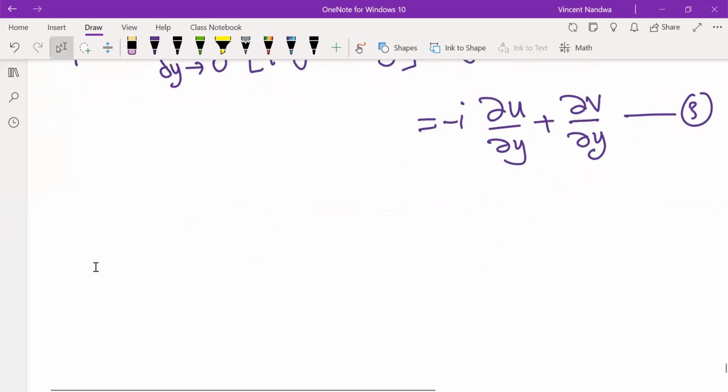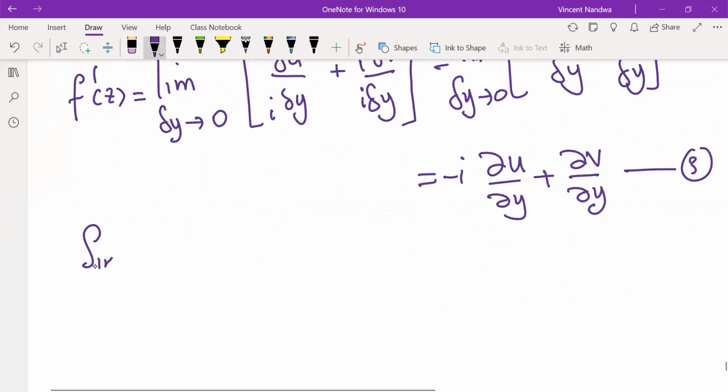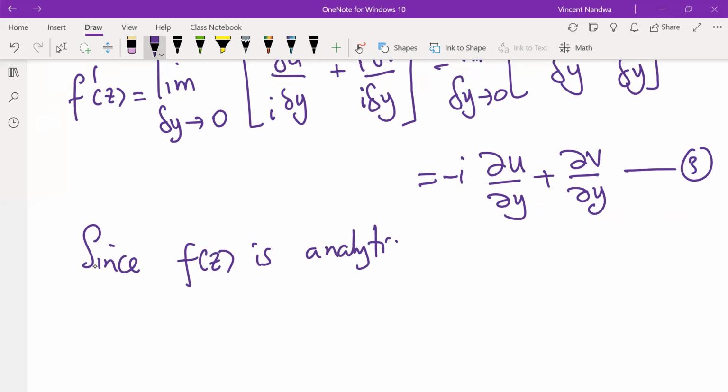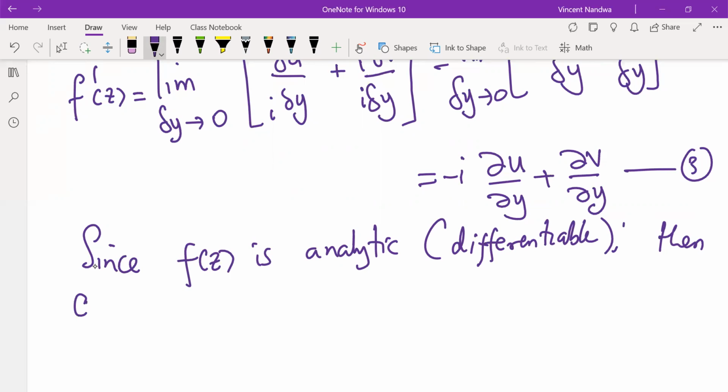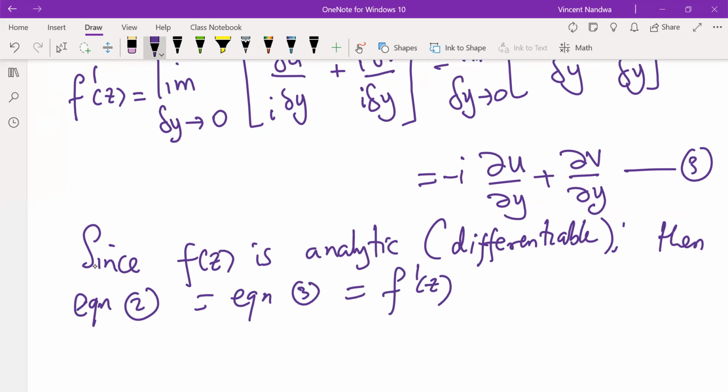Now, since f of z is analytic, that simply means differentiable, then equation 2 equals equation 3, because all of them are defining the derivative.